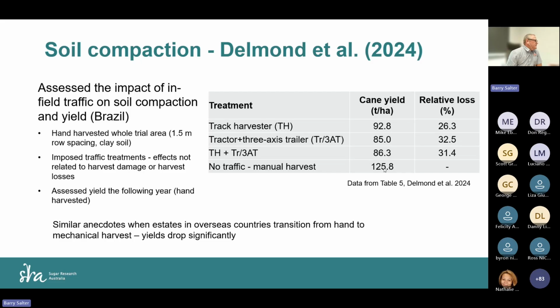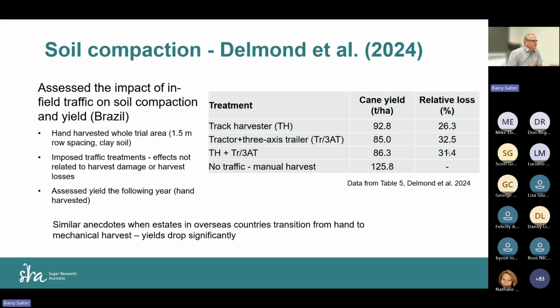In the hand harvested section there was 125 tonnes of cane per hectare, but when we just put the harvester in, it was down to 92. So there was a 26% yield loss by just trafficking that block with a harvester. When they put a haul out into the system, there was a 32% yield loss. And interestingly, when they put the harvester and the haul out into the system, there was a 31% yield loss.